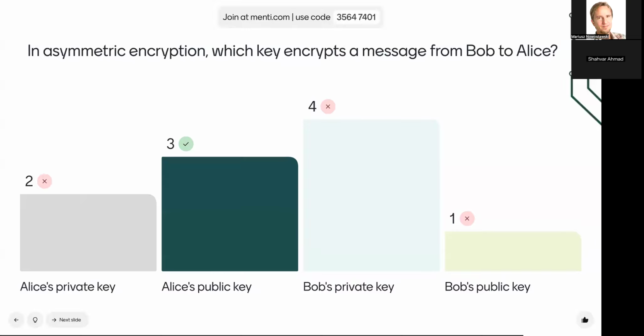But when he wants to sign the message, such that when she gets the message, she can verify that it has not been manipulated, that it was actually written by Bob, which key is he using for signing? Which one? Say it again. Private key. So he will use his private key to sign it, and she will use his public key to verify it, right?